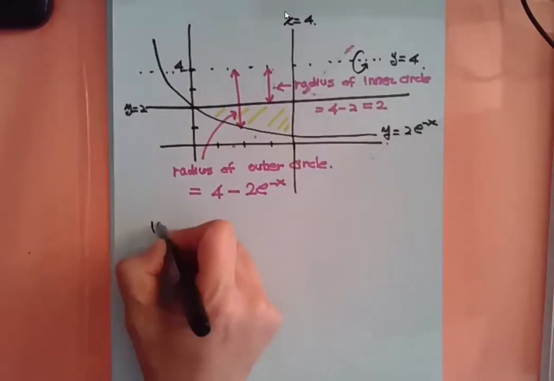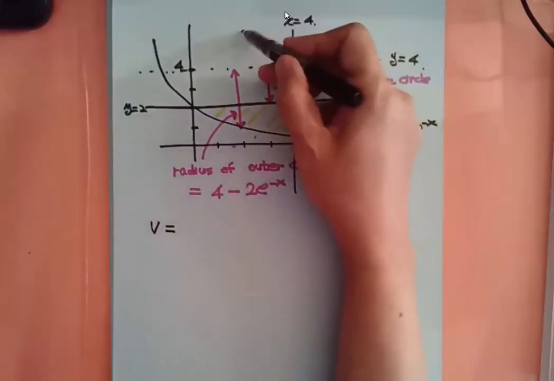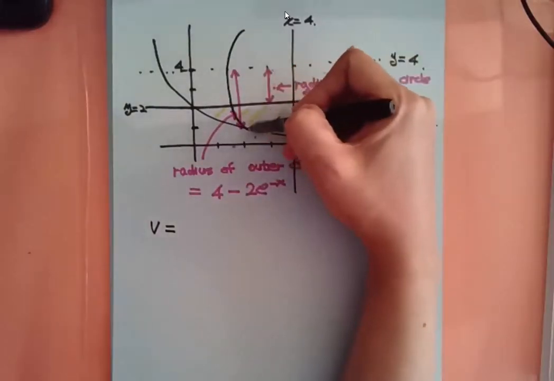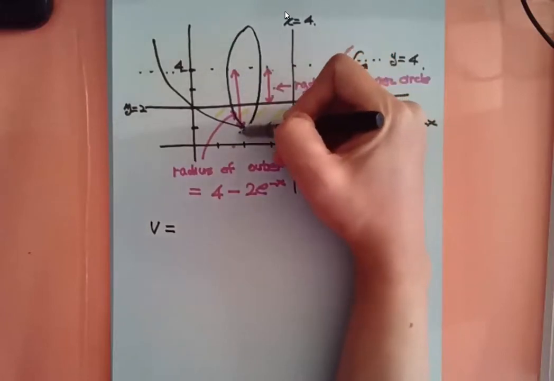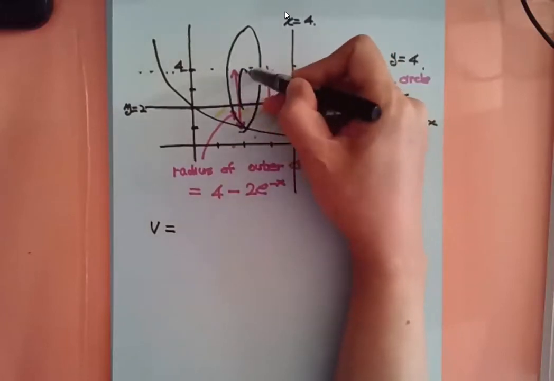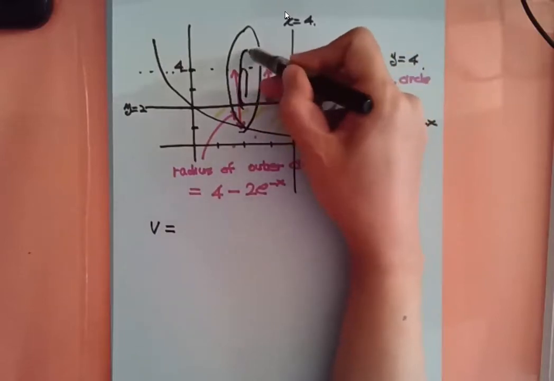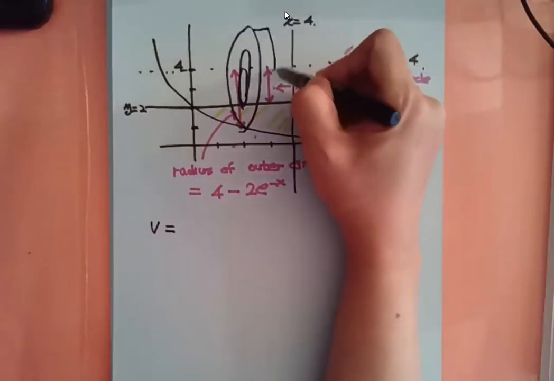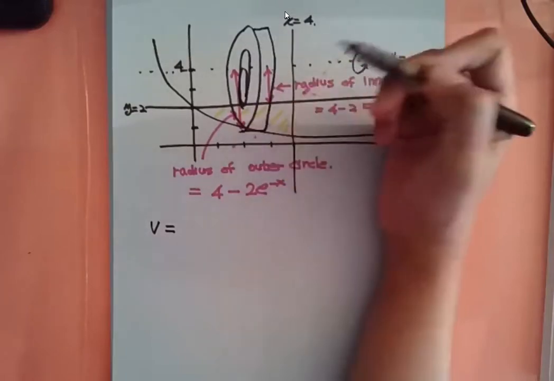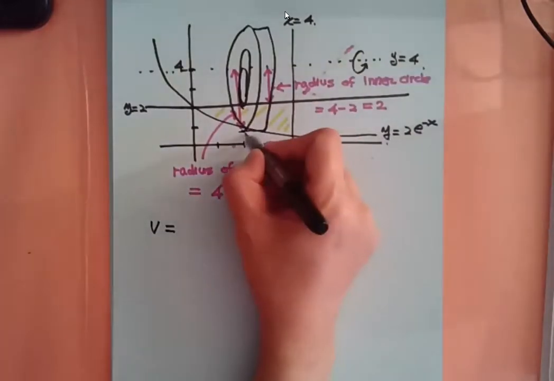So the volume will be calculated. We are thinking about the cylinder, which looks like this, right? So we think about delta x.